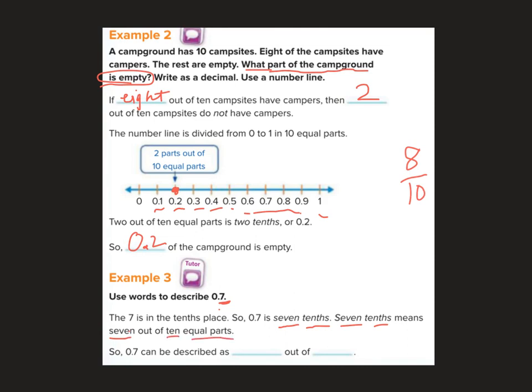So 7 tenths can be described as 7 out of 10. So you can see here, hopefully, that decimals and fractions are basically the same thing. They mean the parts of whatever we're counting that are between the whole numbers that we're used to count by. 1, 2, 3, there's numbers between there, and sometimes we write them as fractions, sometimes we write them as decimals.